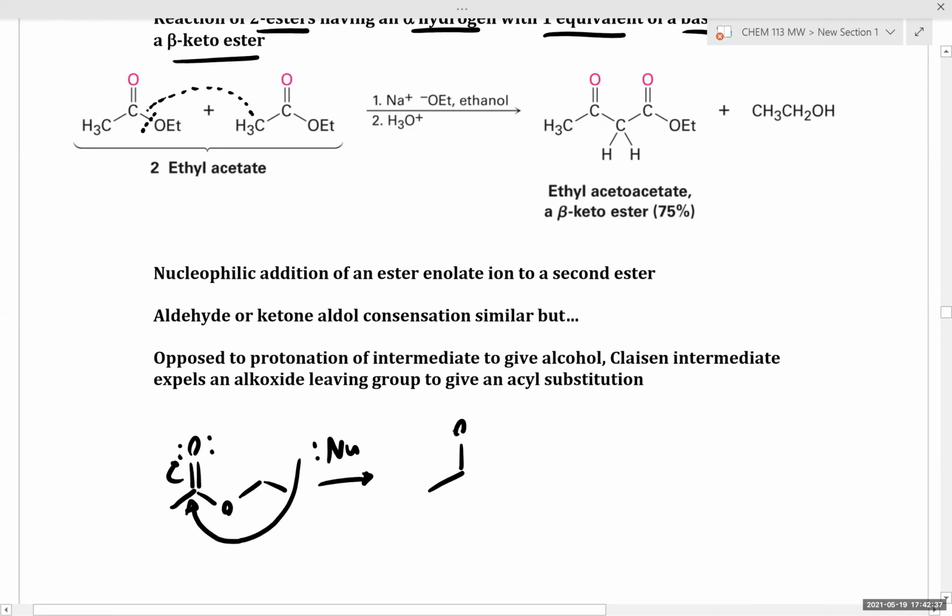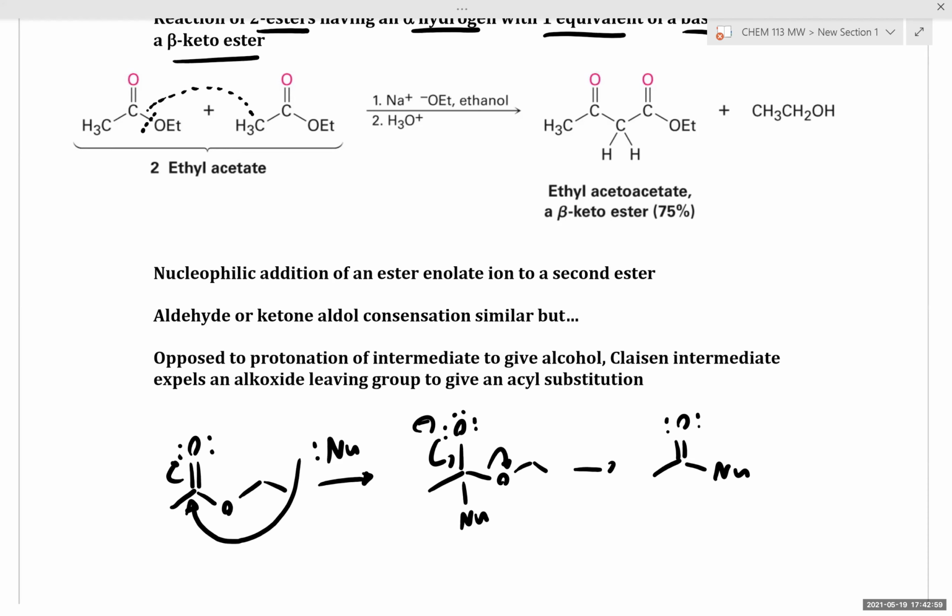We'd make a tetrahedral intermediate, and then we have a choice. We can either kick out our nucleophile or we can lose ethoxide, right? Does this general carbonyl substitution mechanism look familiar from previous chapters?